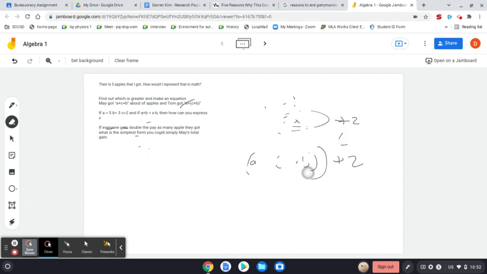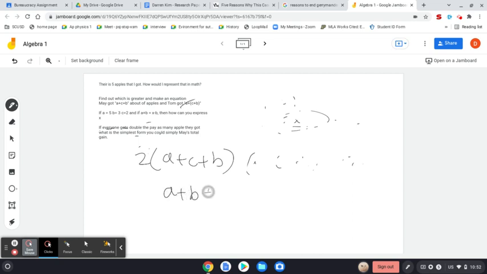So never mind. I will give them +1 for that, because they didn't follow the knowledge. Because they should get the simplest form, which is 2a plus c plus b. And if they want to get it in order, it could be b plus c and then 2a. This doesn't matter. It's still the same thing. It just looks better.